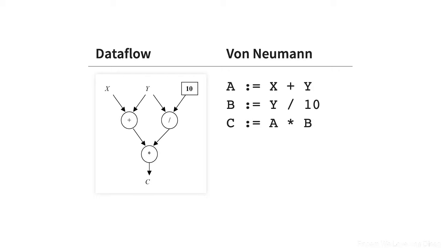So in time unit 1 of the von Neumann program, x and y are summed and the result assigned to A. In time unit 2, we have y divided by 10 and assigned to B, etc. So it takes 3 discrete time units for the program to generate its result, and the executions assigned to each of those time units must be executed in order.